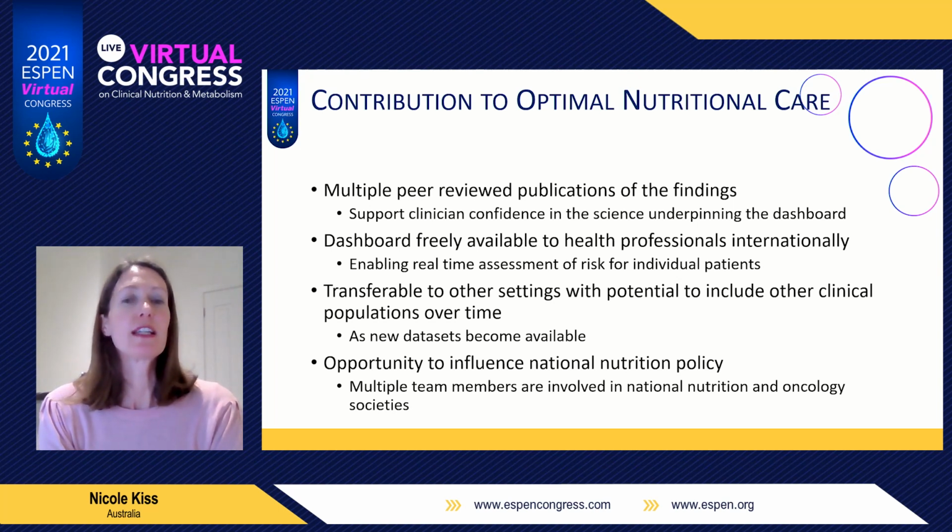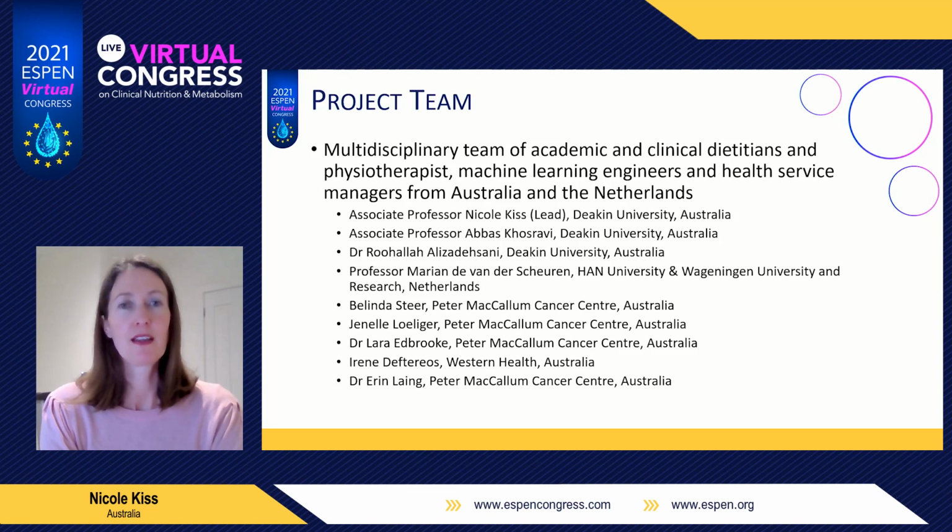There's also the opportunity to influence national nutrition policy as multiple members of our team are involved in national nutrition and oncology societies. Our project team is a multidisciplinary team of academic and clinical dietitians and physiotherapists, machine learning engineers, and health service managers from Australia and the Netherlands. You can see the names of our team members listed on the slide.